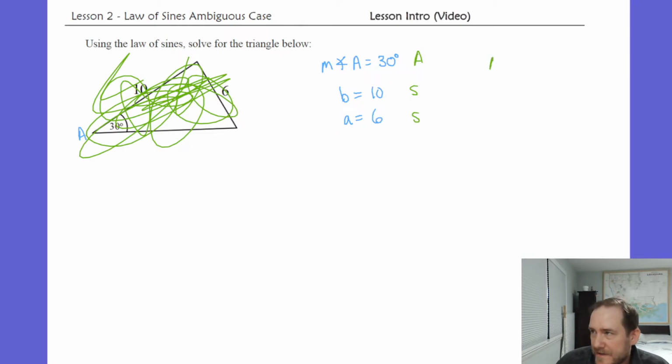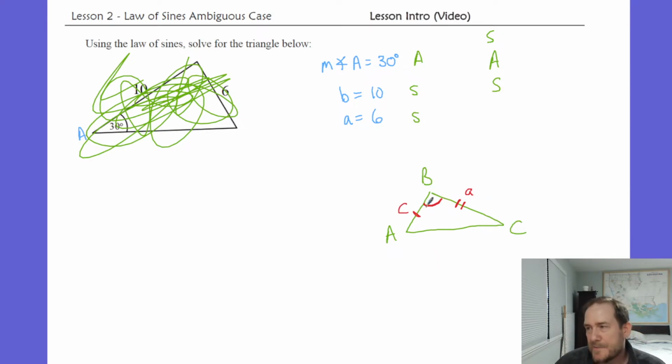Now you might be thinking, how do I know when it's SAS? Well, it'll only be SAS when the angle's name is different from the side's name. What do I mean by that? Well, A, B, C. If you had two sides and the angle that was between them, then you would have side A, side C, and angle B. So you see what I mean?